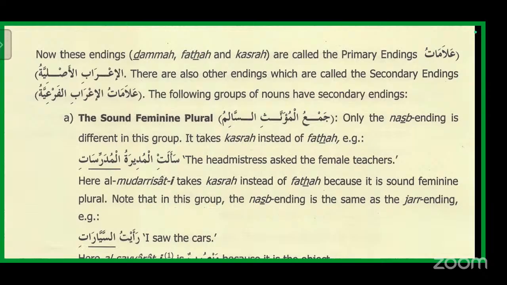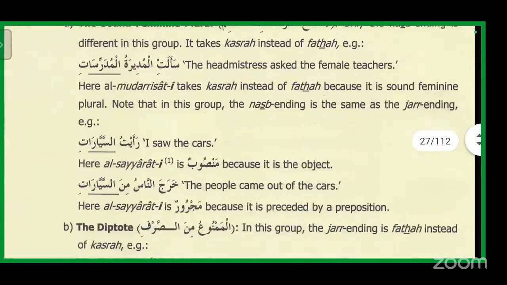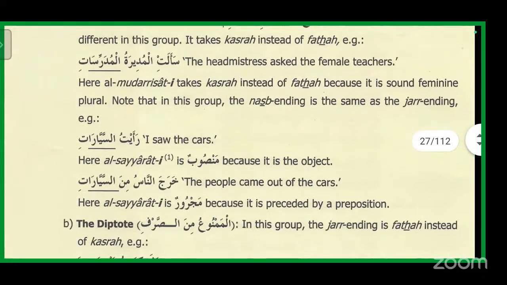Note that in this group the nasab ending is the same as the jar ending. Example, Ra'aytu sayyarati, I saw the cars. Here sayyarati is mansubun because it is the object. Kharaja nasu min sayyarati. The people came out of the cars. Here sayyarati is majrurun because it is preceded by a preposition.